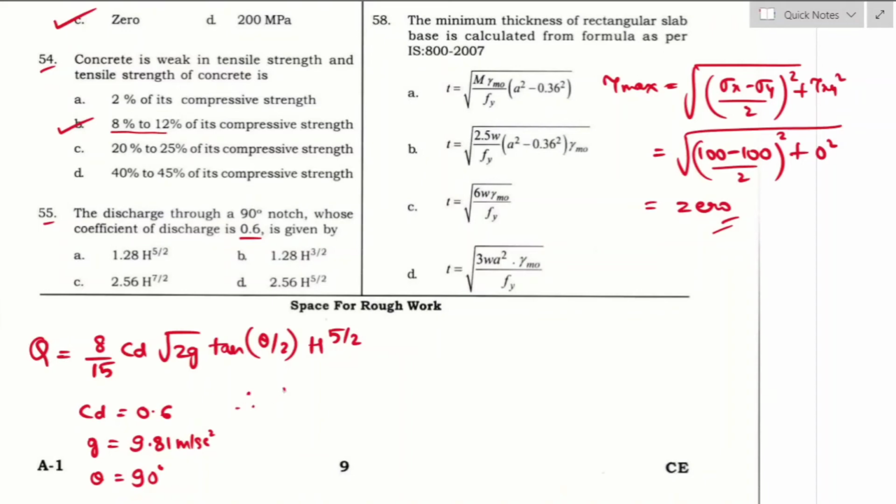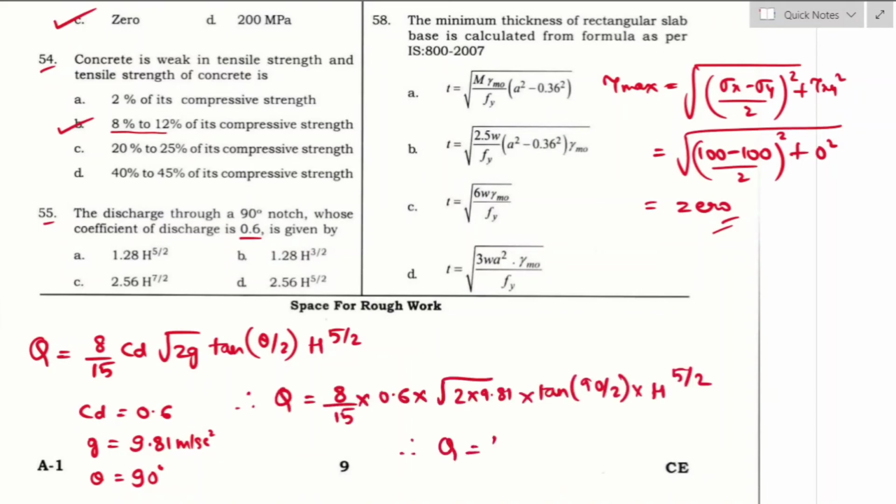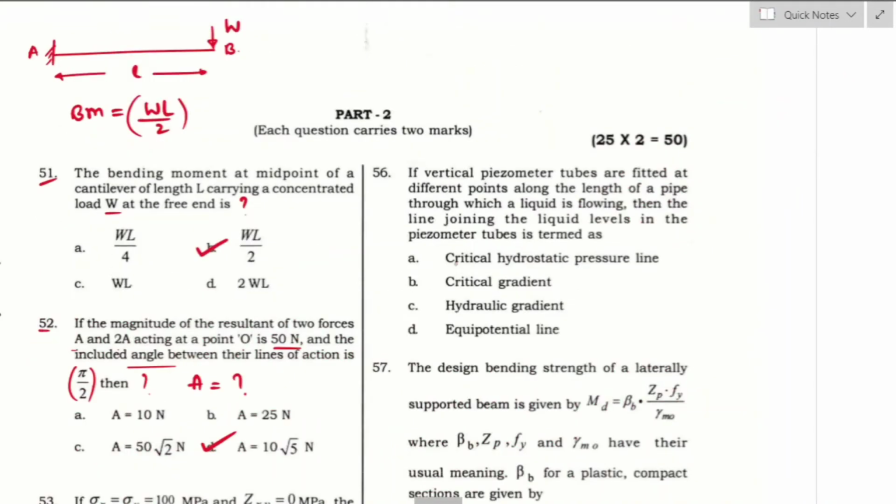If you substitute these values, Q is equal to 1.417 into h to the power of 5 by 2. So none of the options are matching. Please note down the correct answer as 1.417 h to the power of 5 by 2.